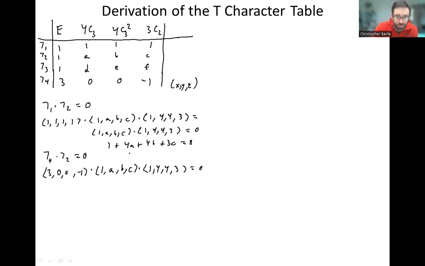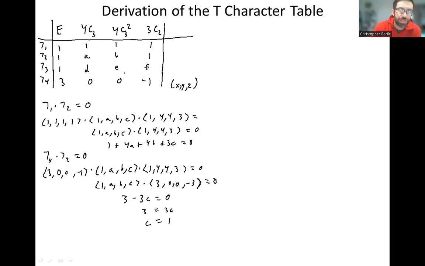That all has to equal 0. If we multiply out those constants, that's going to be equal to 3, 0, 0, negative 3. I just multiplied this vector by that vector. And so that gets me an equation that looks like 3, but look at these zeros. So plus 0a, that goes away, plus 0b, that goes away, minus 3c equals 0. And so that means 3 equals 3c, and so c equals 1. And so we actually already figured out what c is, equal to 1.